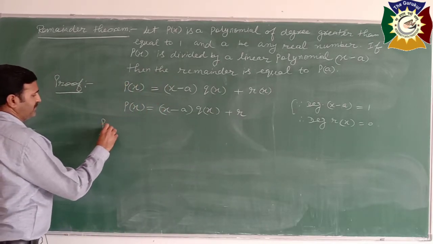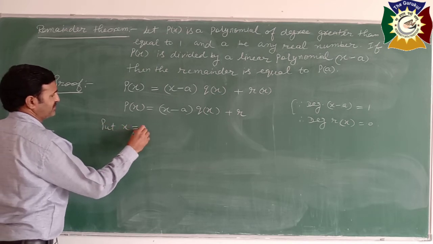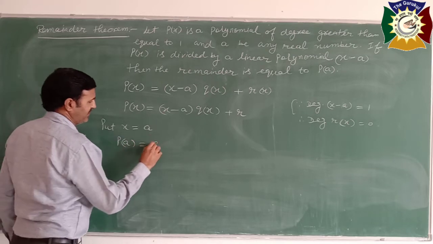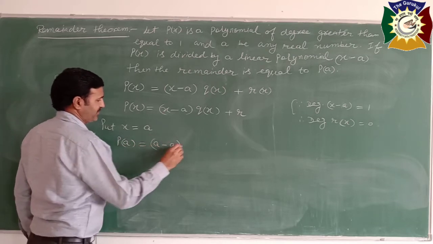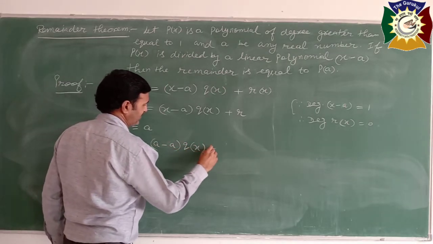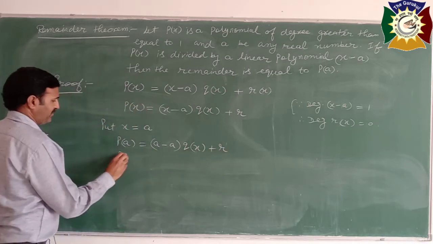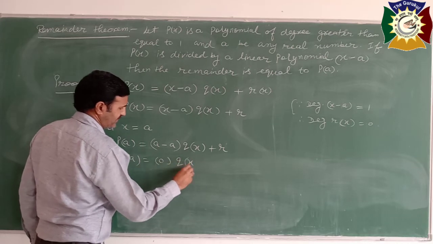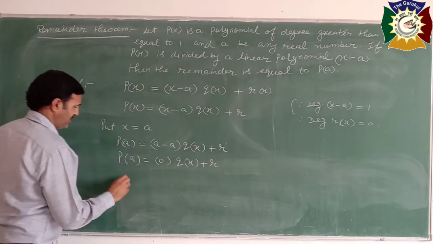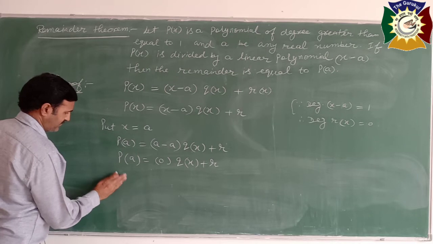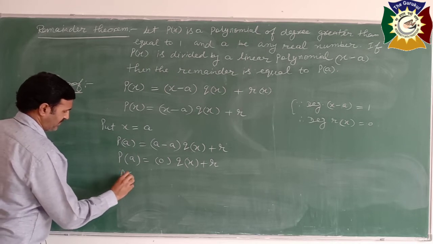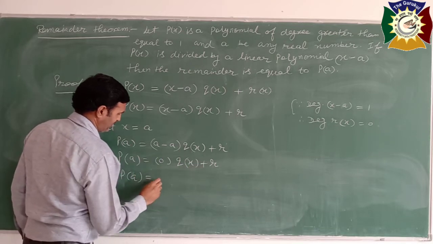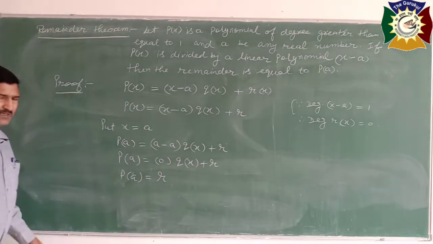Put x is equal to a in this. So p of a is a minus a into q of x plus remainder. a minus a is 0, into q of x plus r, and what we got? p of a is, this is 0 and the remainder is r.